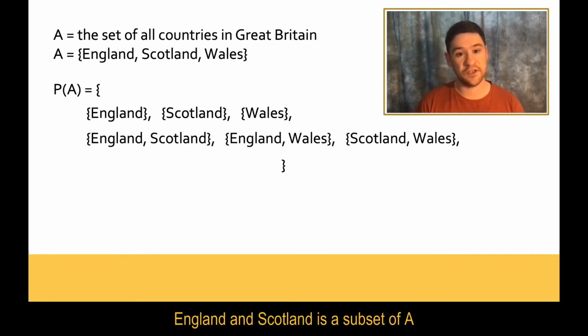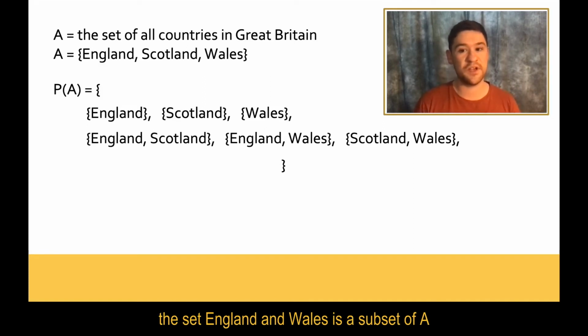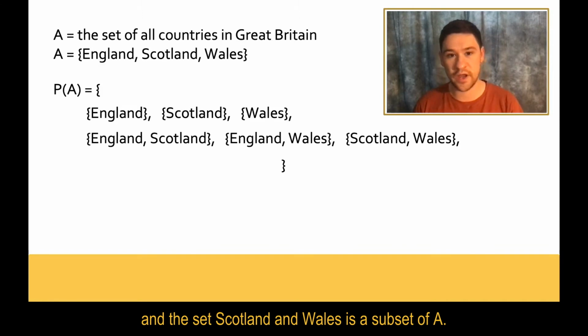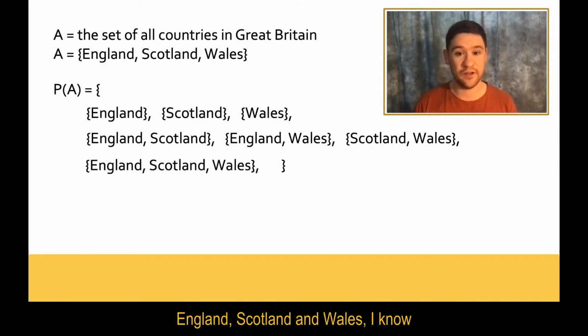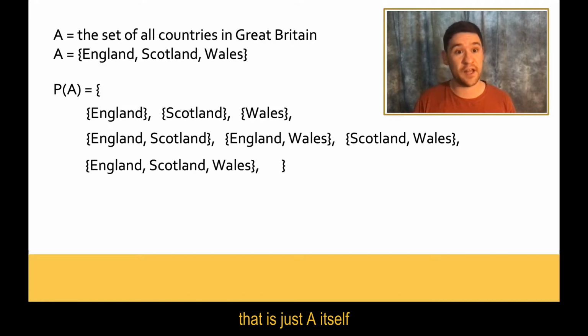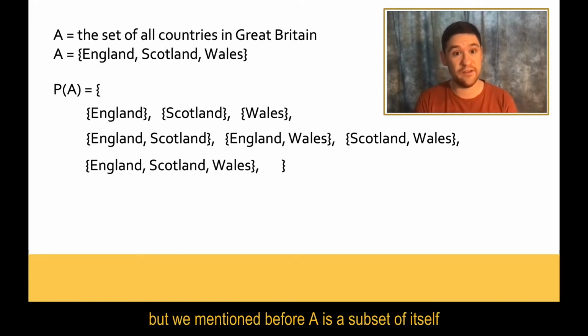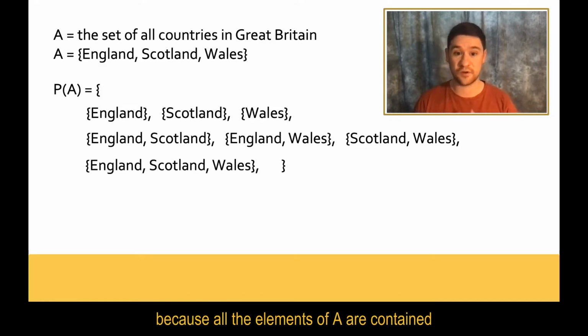The set England and Scotland is a subset of A, the set England and Wales is a subset of A, and the set Scotland and Wales is a subset of A. There's also the set that contains three elements, England, Scotland and Wales. Now that is just A itself, but we've mentioned before A is a subset of itself because all the elements of A are contained within A.